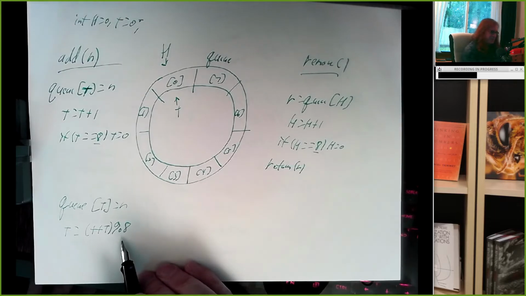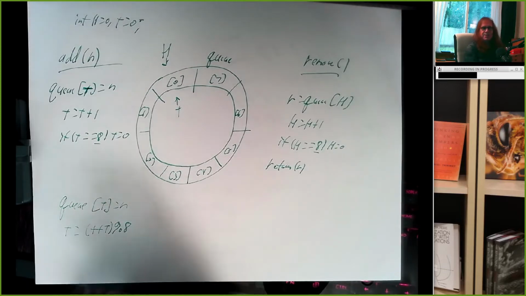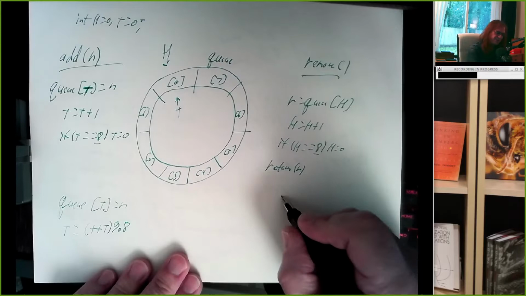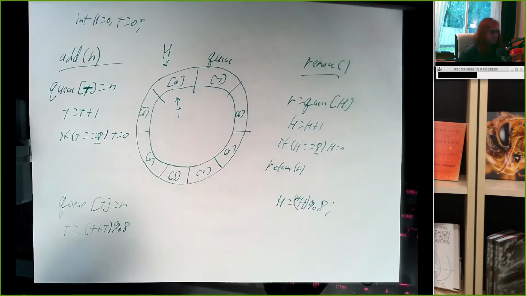So if our tail is less than 8, this will just be whatever our tail is. But if our tail is equal to 8, then when we take modulo 8, the remainder divided by 8, we'll get a 0, and that'll roll us back to 0. And then same thing here, we could do H = increment H modulo 8.